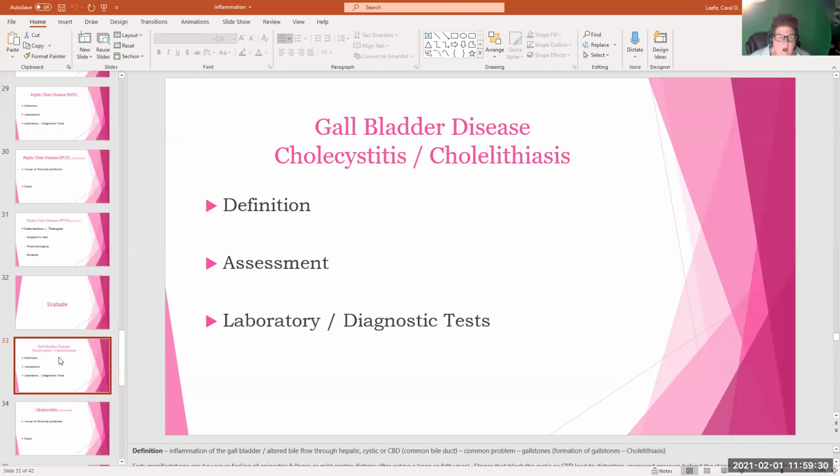They'll be NPO, and then they may do a lithotripsy, bring them to the lithotripsy lab, and they give them some mild sedation.